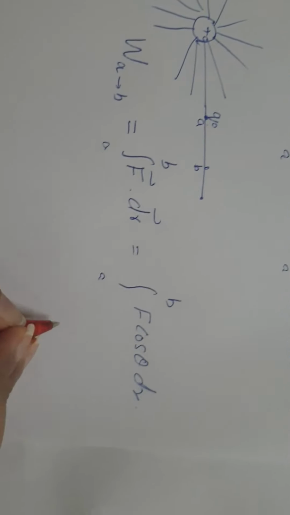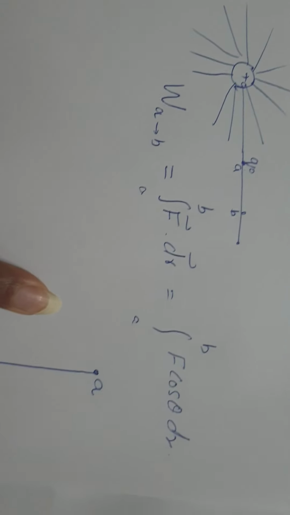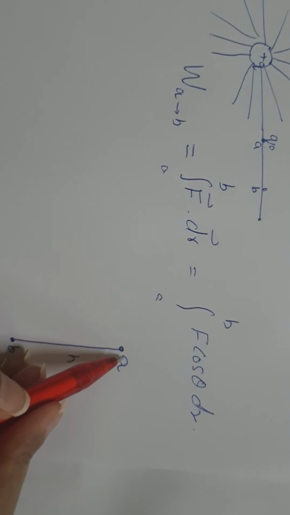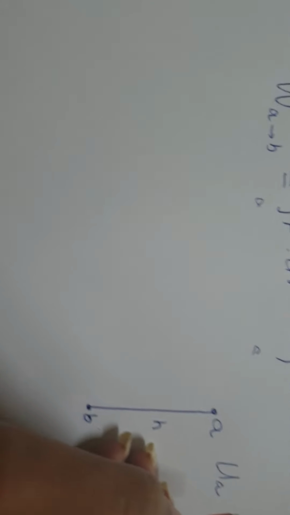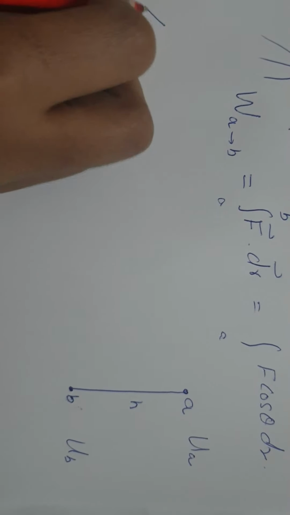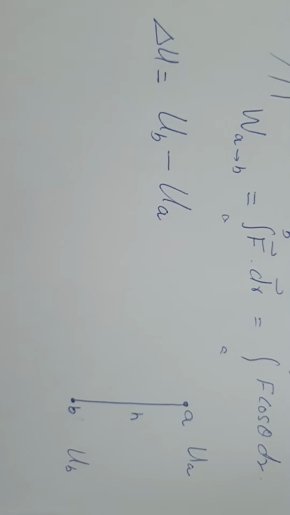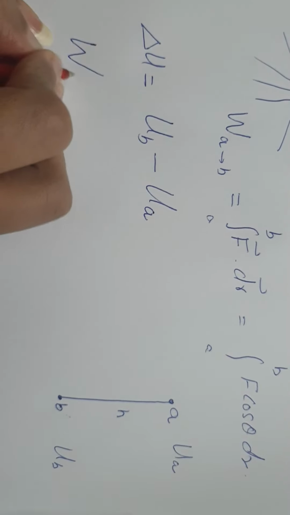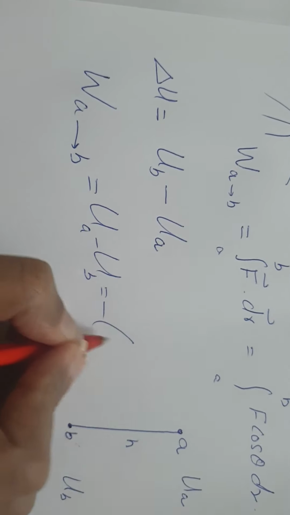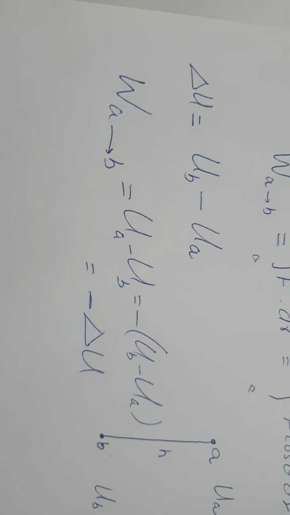Let's suppose a particle is at point A at a height h from point B. When the particle moves from a point A where the potential energy is UA to a point where its potential energy is UB, the change in potential energy would be equal to UB minus UA, and the work done by the force is the negative of the change in potential energy. This is work done by a conservative force.